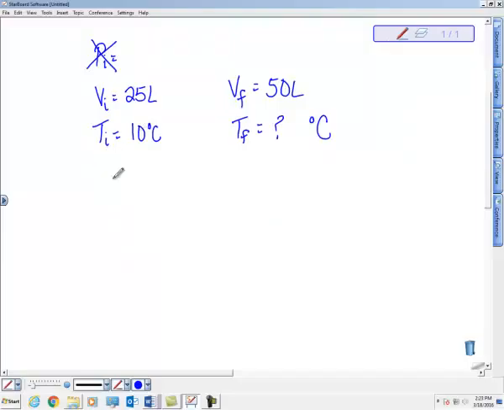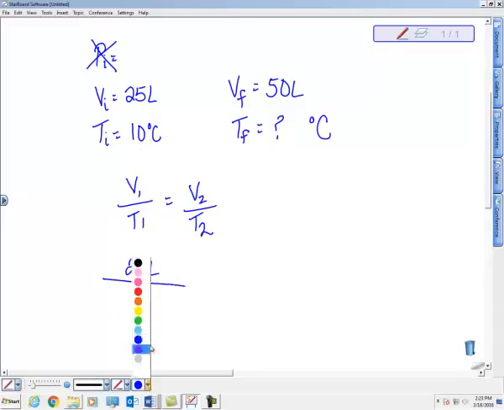Alright, the gas law that we're going to be using is V1 over T1 is equal to V2 over T2. These are the only two variables that they were talking about in the problem. The initial volume is 25 liters. The initial temperature was given to you in degrees Celsius, so we're going to have to do a real quick conversion into Kelvin.